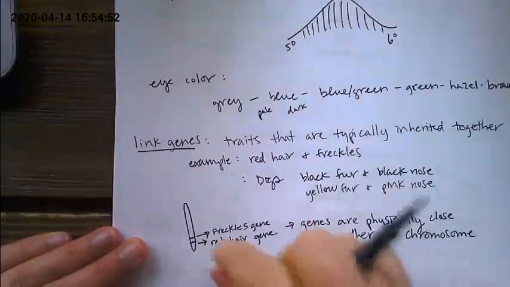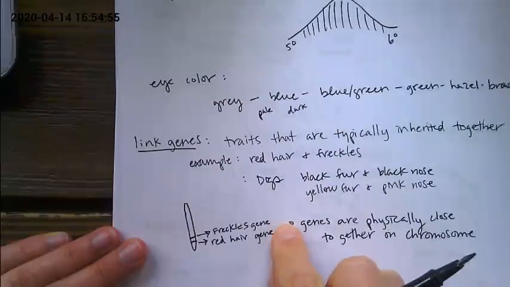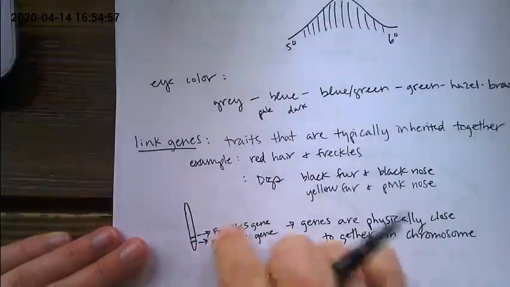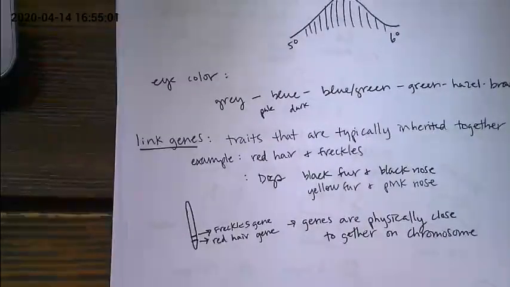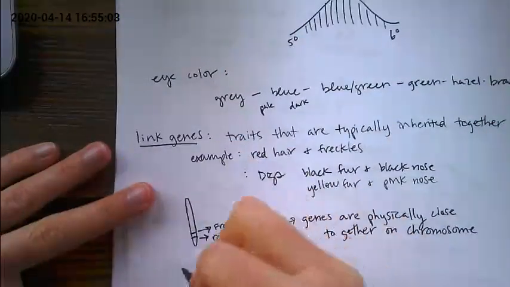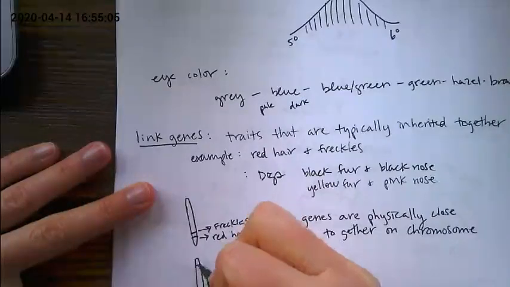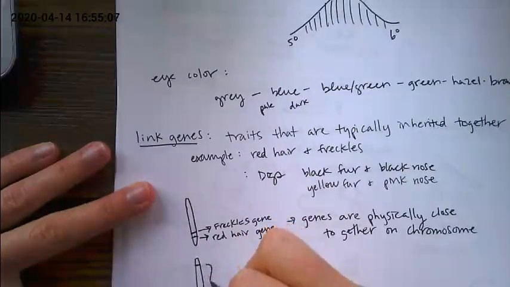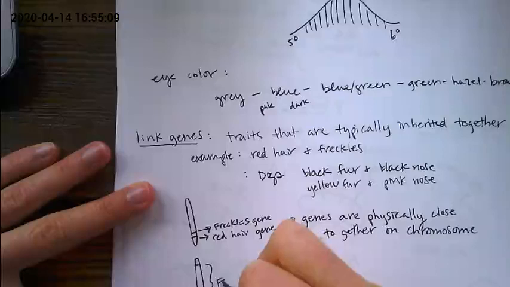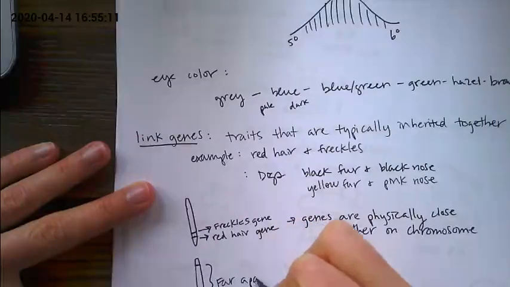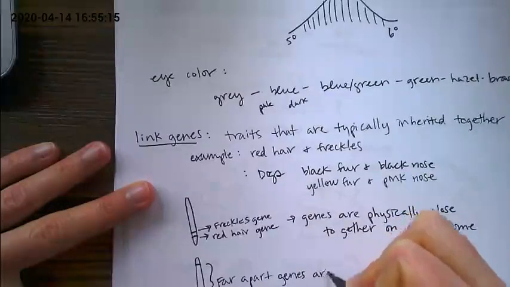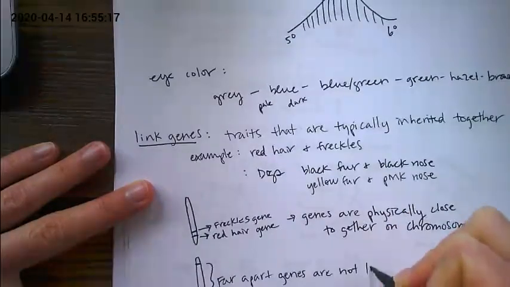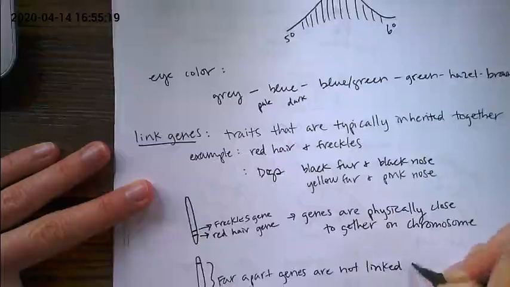And so, if crossing over was happening, they would be inherited together. If they were far apart, the genes are not linked.